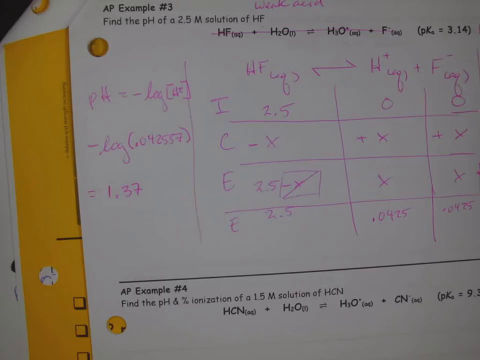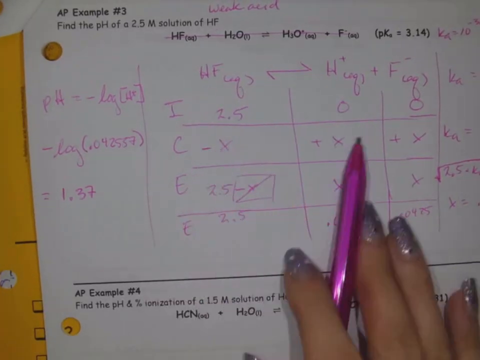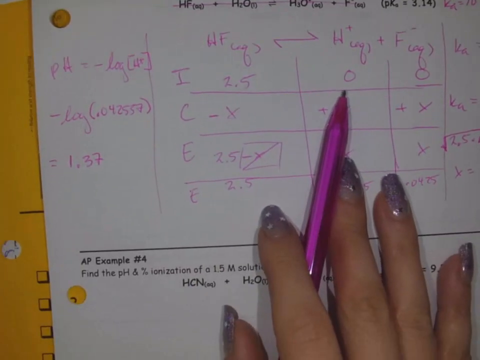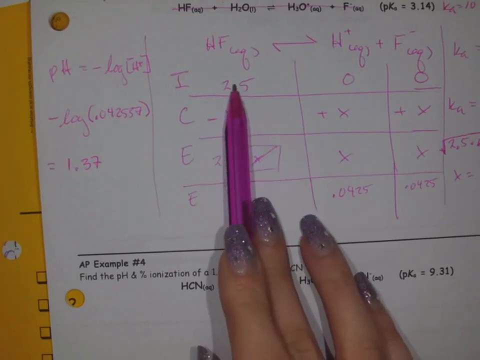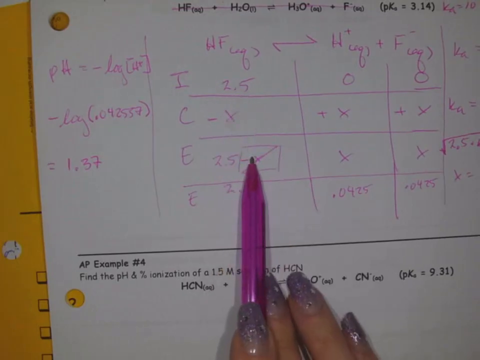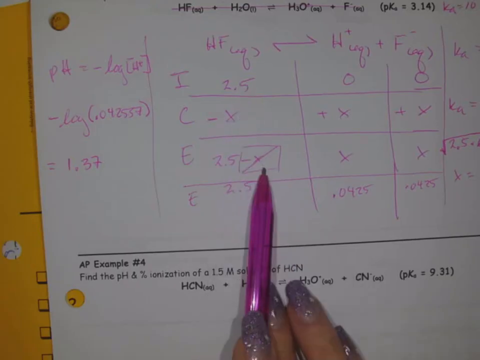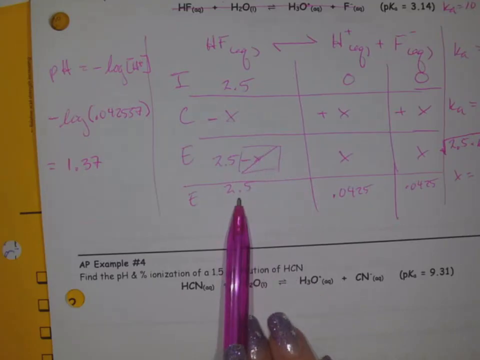Okay, before we continue, if they ask for pH or pOH of a weak acid or a weak base, you need to use an ice table. You're always going to make the assumption that the amount of X that we're removing from the initial is negligible, because our K values are always going to be small enough to make that assumption.